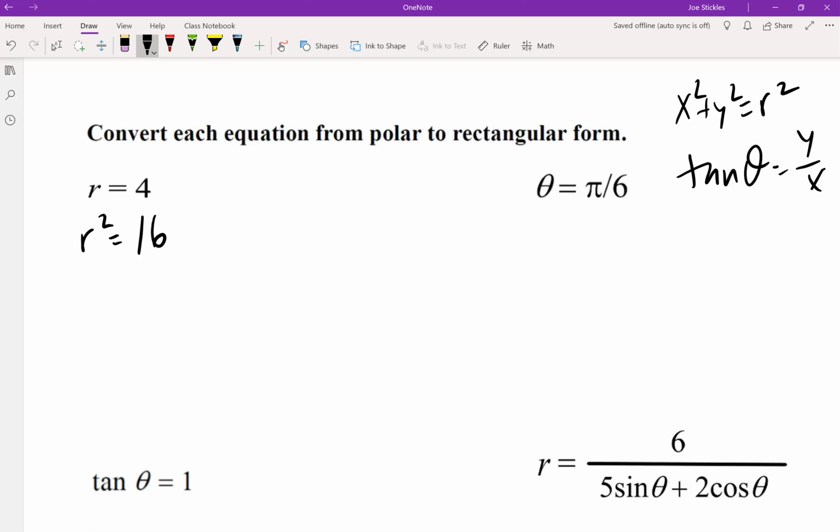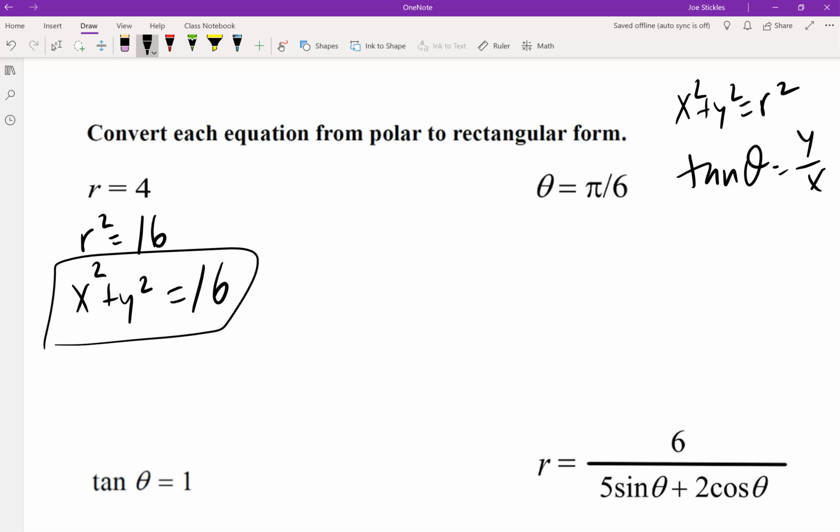So just to be careful with that, you don't necessarily always want to square both sides. It's not always what happens, all right? Just watch out for that. But here, we square both sides, we get r squared equals 16. And so we'll get x squared plus y squared that we can put in for the r squared equals 16. So that converted that to rectangular, and we see again that this is a circle, but the r equals 4 would have been an easier way to describe that circle to begin with.